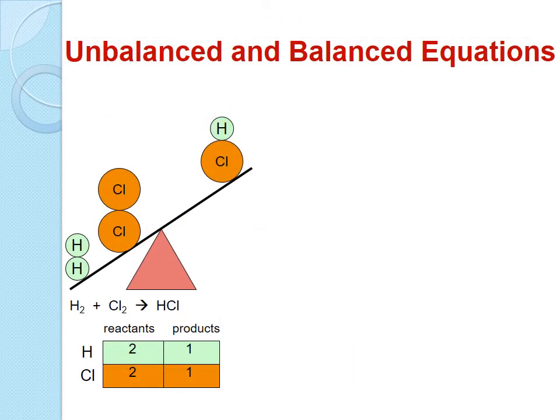Let us balance this reaction. H2 plus Cl2 equal to 2HCl. When we count number of atoms of each reactants, with reactants hydrogen 2, but with products there is only 1 hydrogen. Similarly, chlorine with reactants 2, but with products only 1.